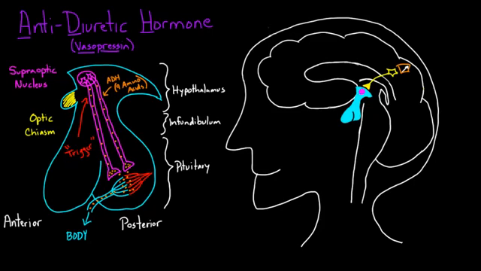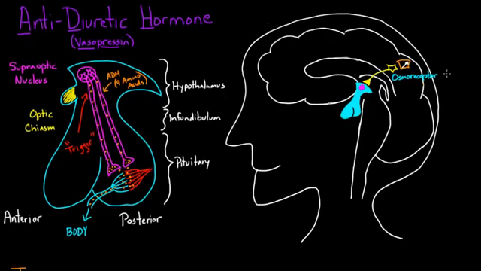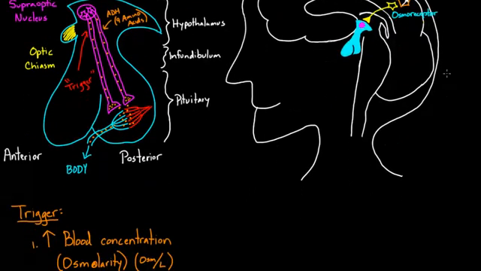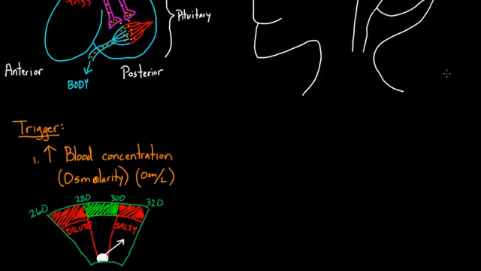And in fact, why don't I go one step further and label this as my osmoreceptor. So if my osmoreceptor is set to tell me that it's too salty, that is one of the signals that's going to trigger ADH release.